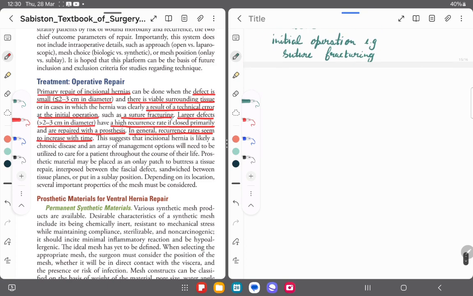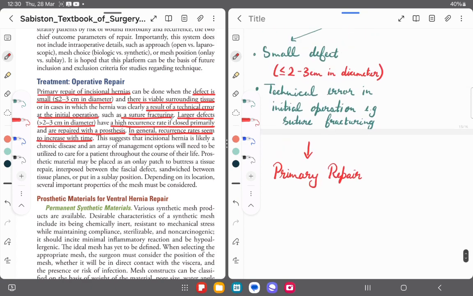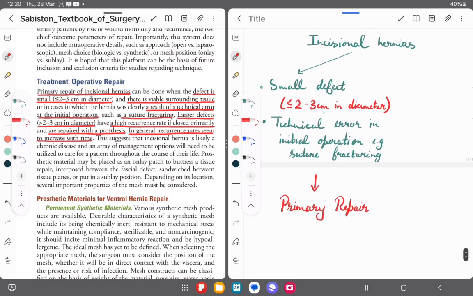So in these cases, what do we do? Primary repair of incisional hernias. You know, it is a primary repair. So if a small defect is there, less than 2 to 3 centimeter in diameter, or a technical error in initial operation, example suture fracturing, we do a primary repair.